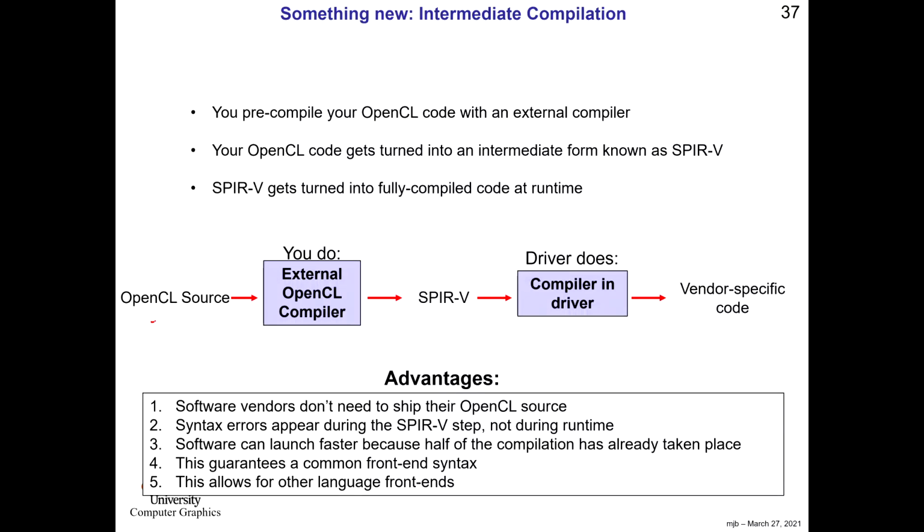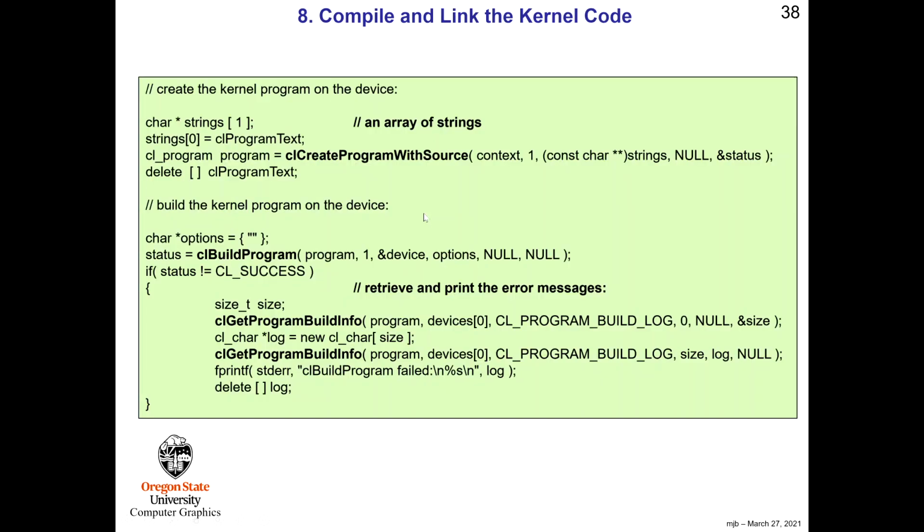You compile your OpenCL source into this intermediate format, and then the driver only has to compile the intermediate format. Software vendors love this because they don't have to ship their source. They can ship just the intermediate format, which, by and large, is going to be hard to reverse engineer. But anyway, it's there.